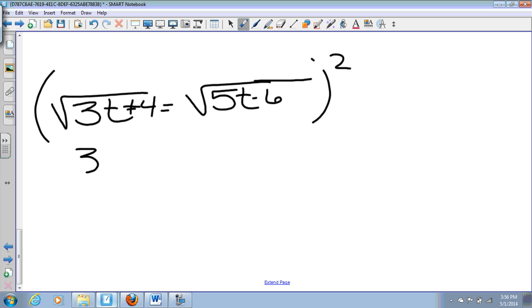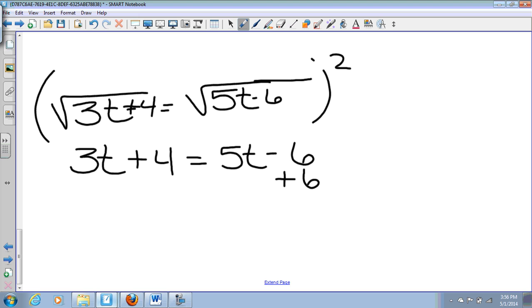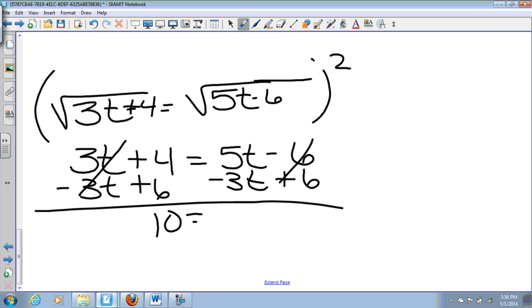So we end up with 3t plus 4 equals 5t minus 6. Two-step equation. Let's add 6 and subtract 3t on both sides. Bada bang, boom, 10 equals 2t, t equals 5.